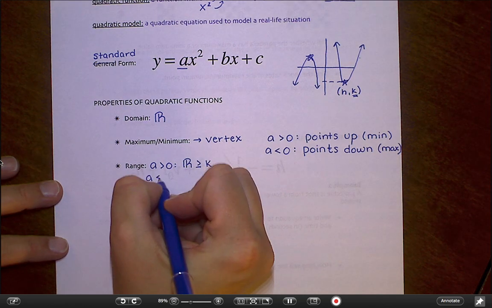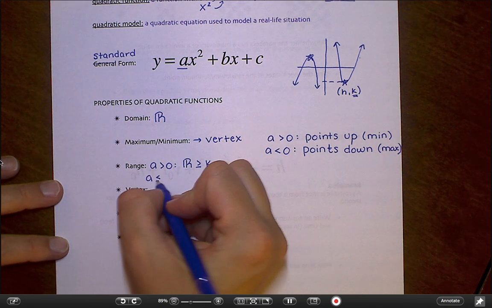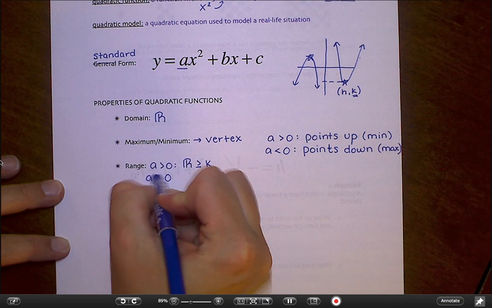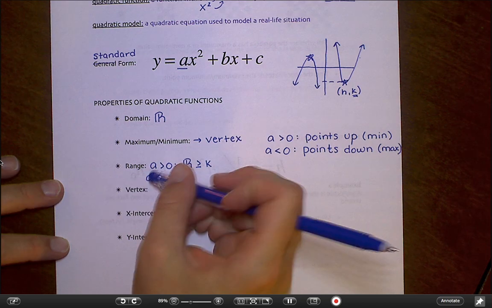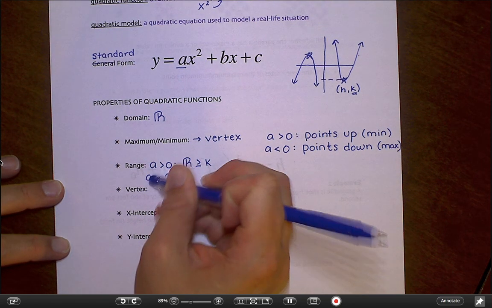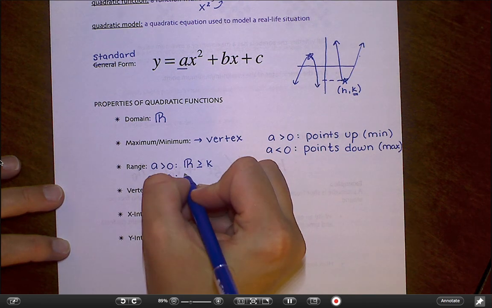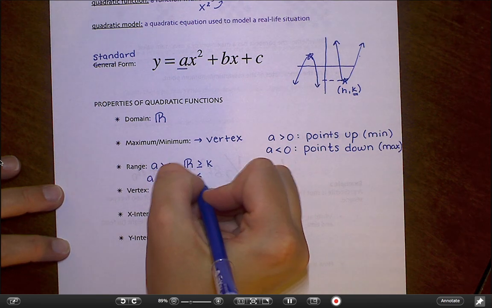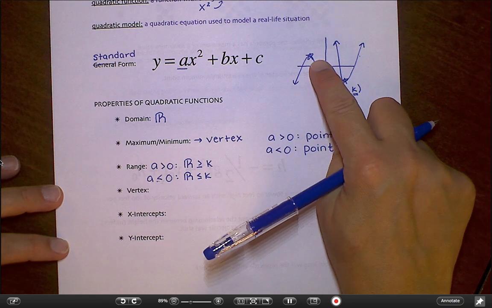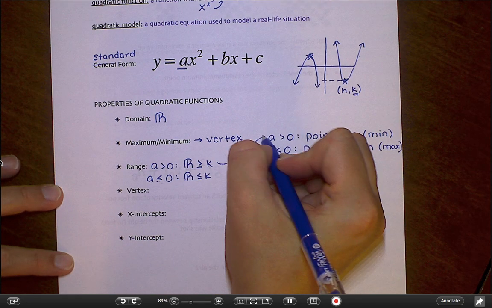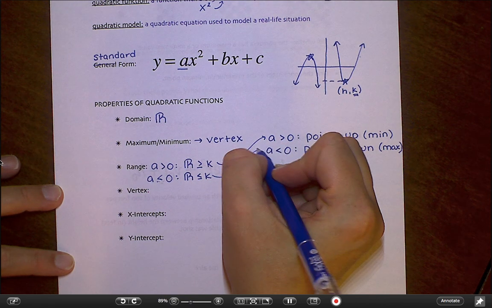When a is less than 0, when a is negative, that's really what I'm saying here, it's all real numbers less than or equal to that k value, because then I'm living in this situation. So again, this is when we're pointing upward. This is when we're pointing downward. Okay.